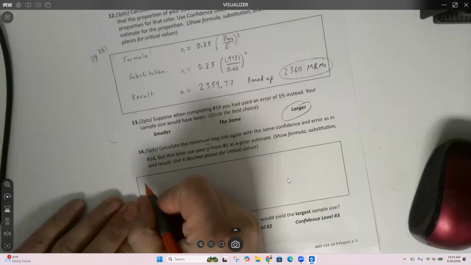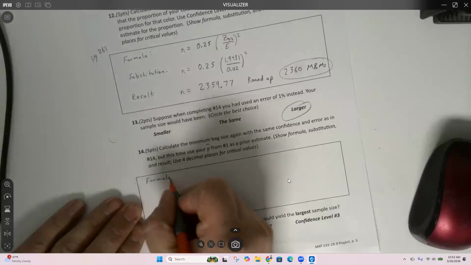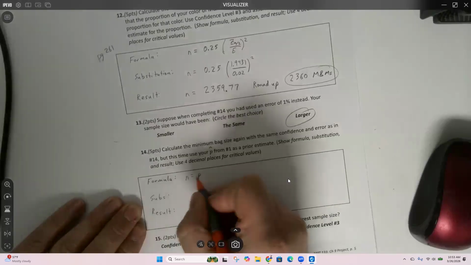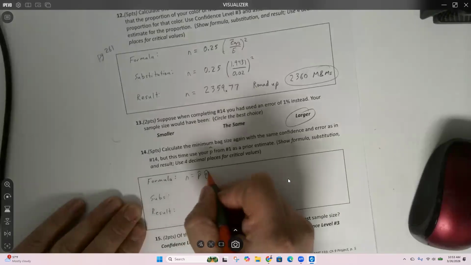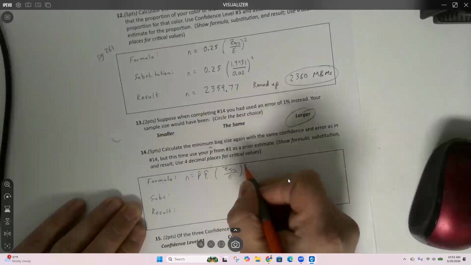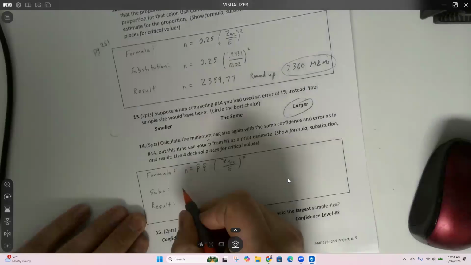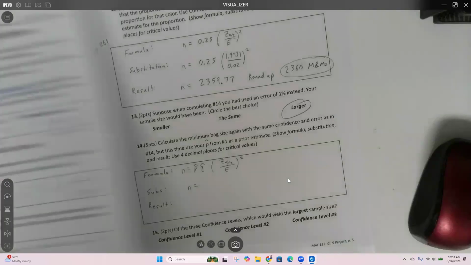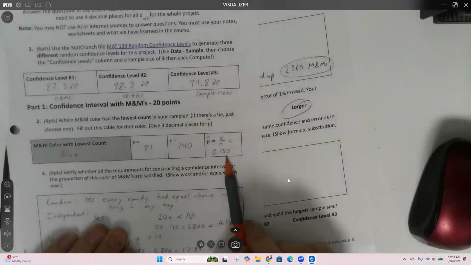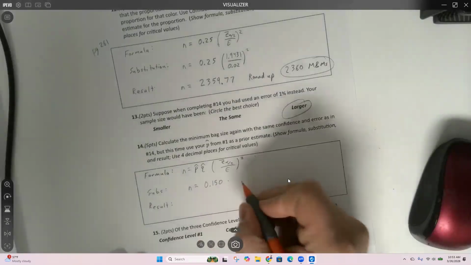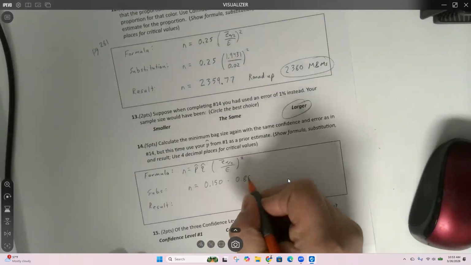So our formula, our substitution, and a result. Formula is n equals p hat q hat times z alpha over 2 over error, squared. Substitute in my p hat for M&Ms was 0.150, which means my q hat was 0.850.